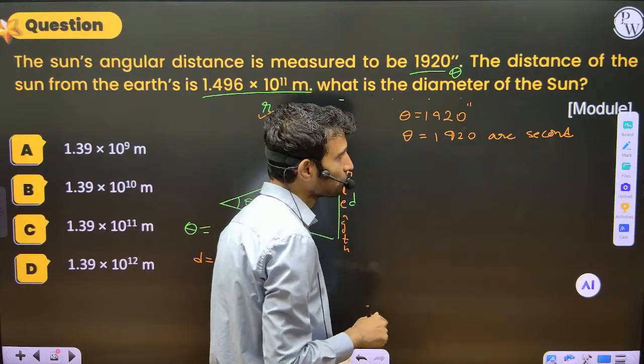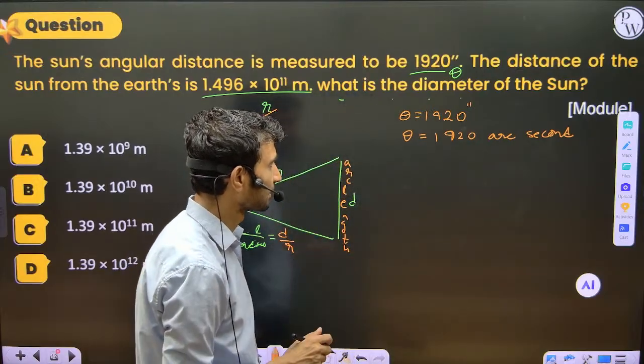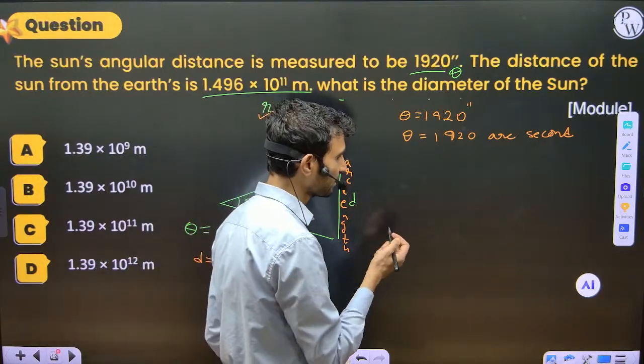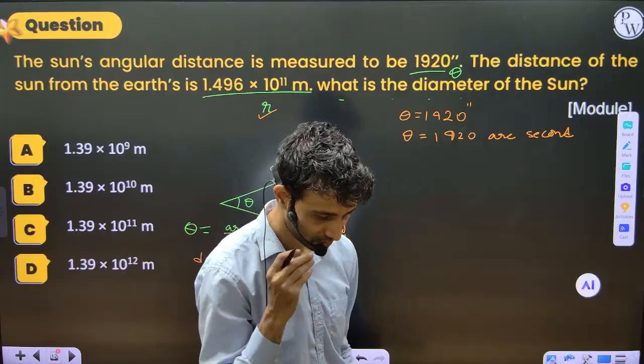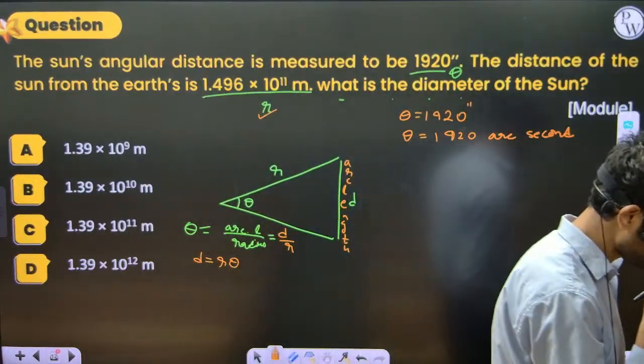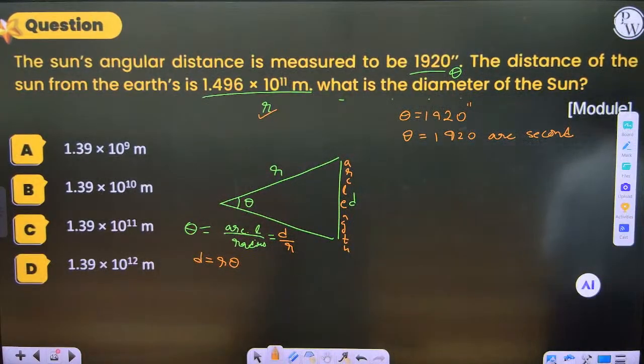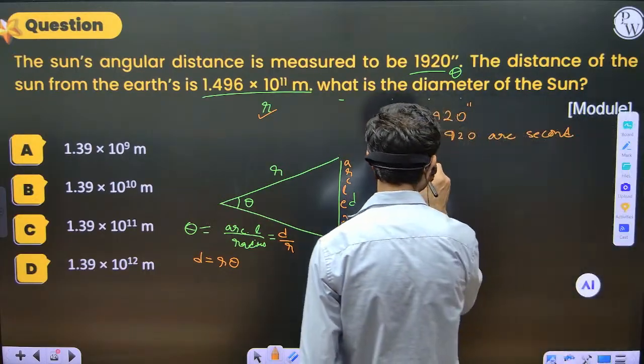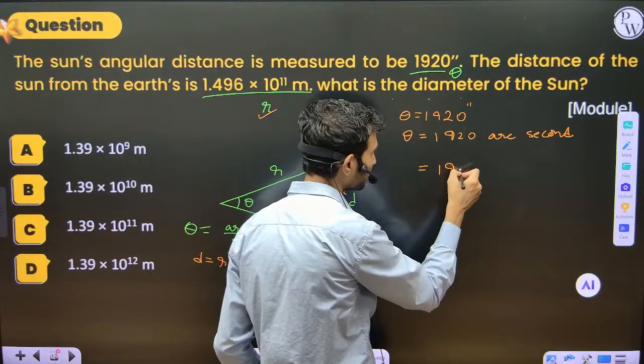So theta is given in arc seconds. That's the problem. We'll have to convert it into which unit again? As you know, the standard unit of angle is radian. So you'll have to convert it into radians.